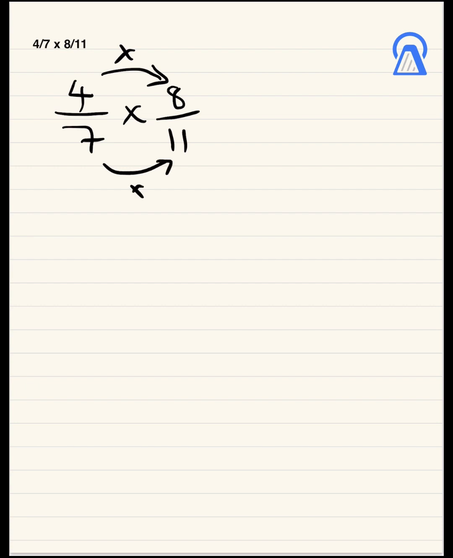So in this case, we are going to do 4 times by the 8 to get 32. And then we'll do 7 times 11 to get 77. Always look to see if there is a common factor to simplify the fraction. For 32 and 77 there isn't, so we'll leave that as it is.